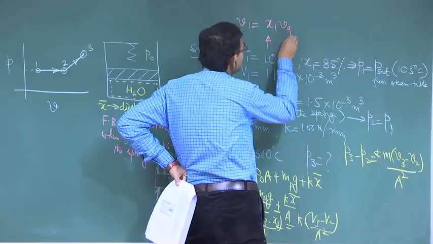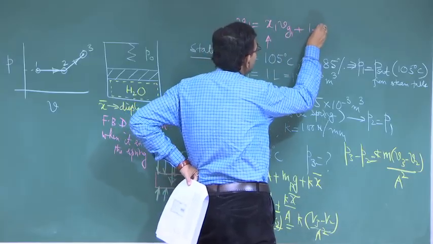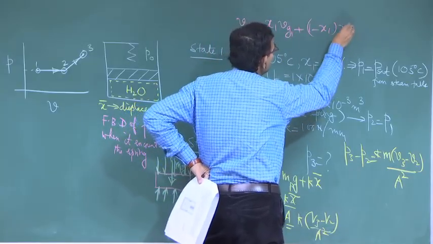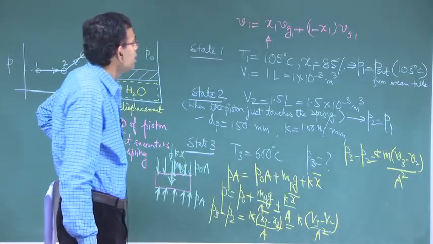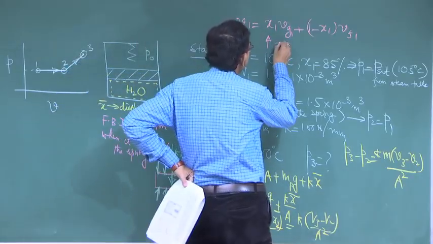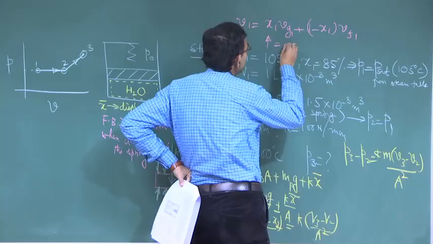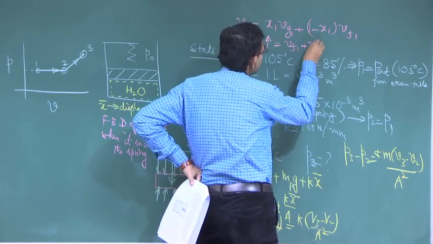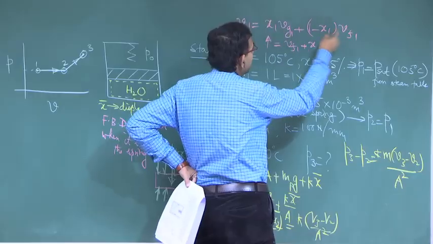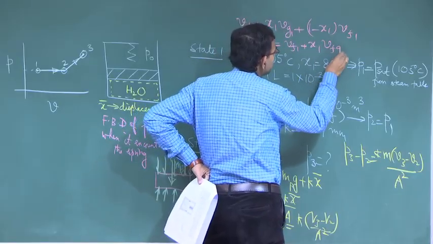x1 Vg1 plus 1 minus x1 Vf1. Sometimes in terms of the steam table notation, this is Vf1 plus x1 into Vg1 minus Vf1, which is also called Vfg1.